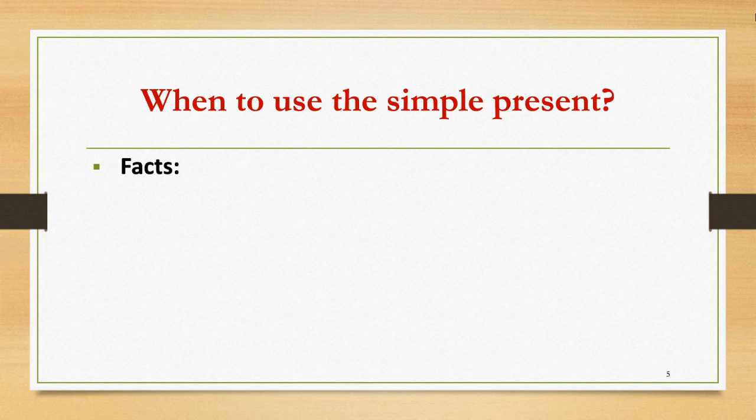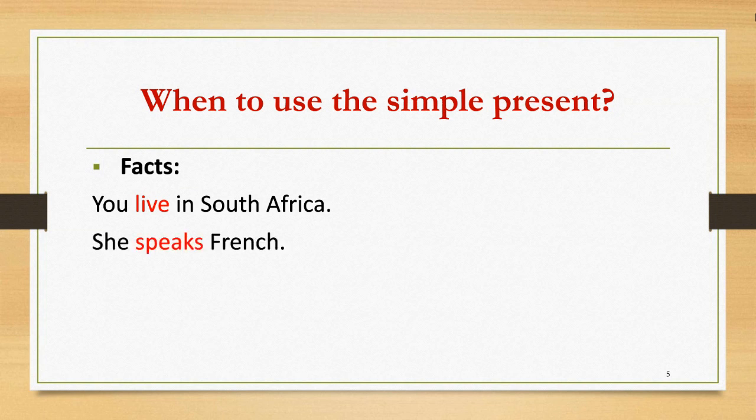First, we use the simple present when we are talking about facts. For example, you live in South Africa. That's a fact, and it is true as long as you live in South Africa. Another example, she speaks French.